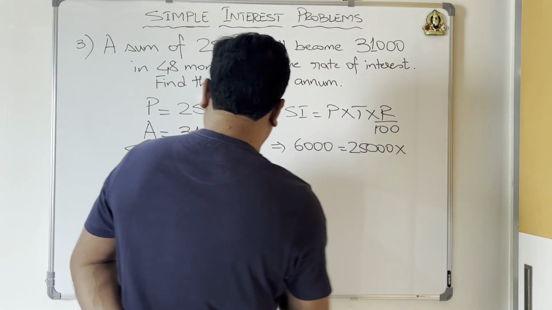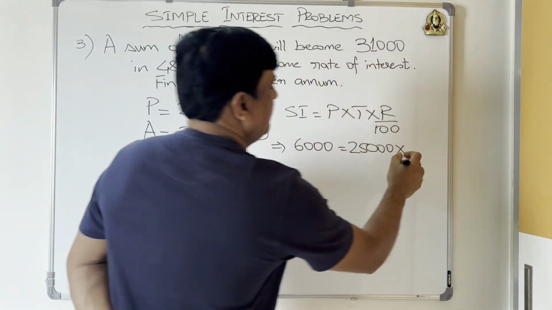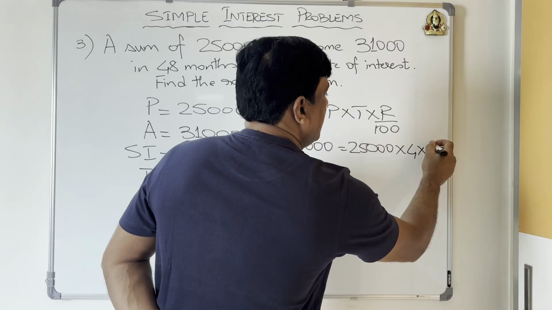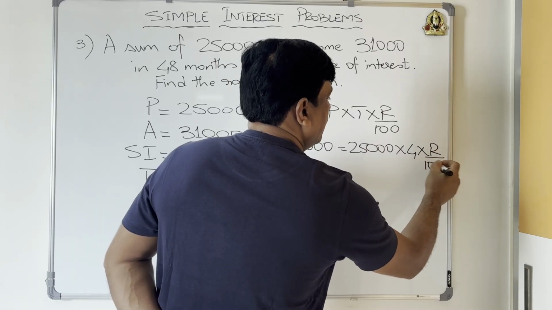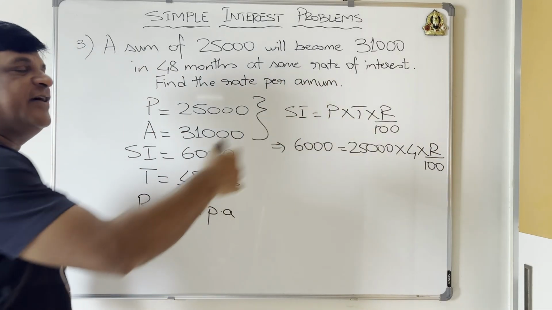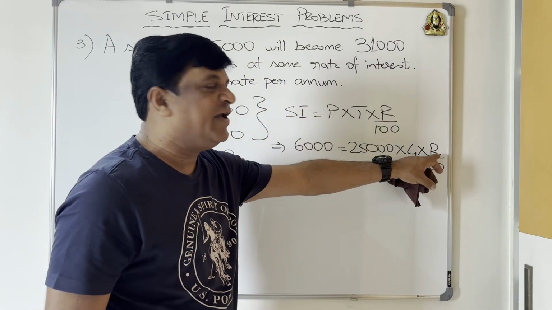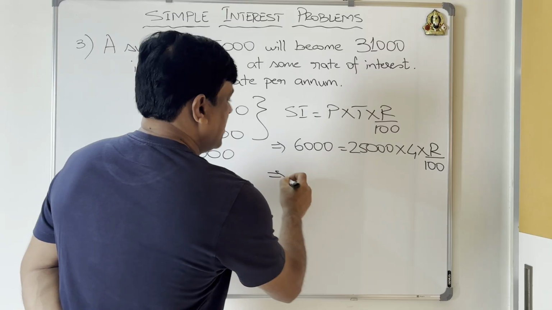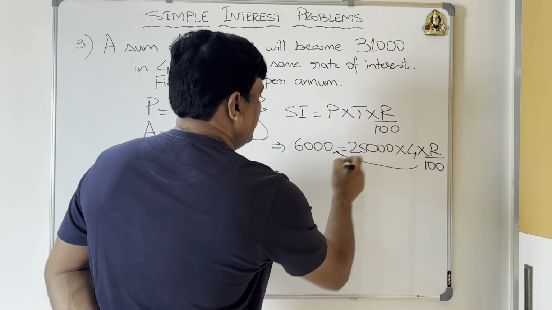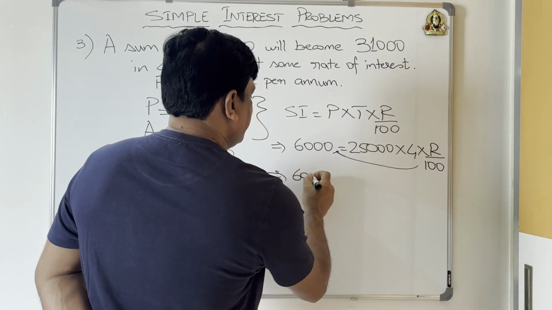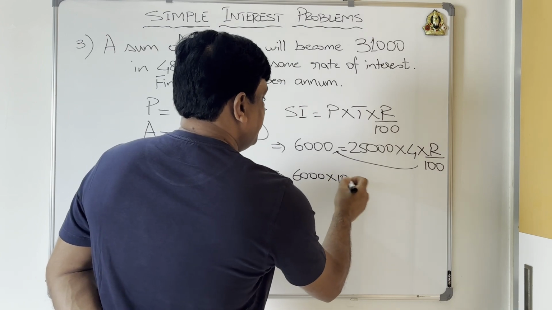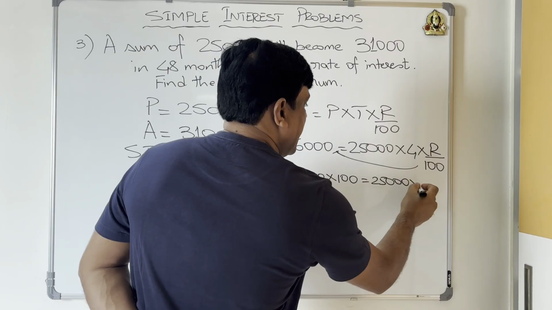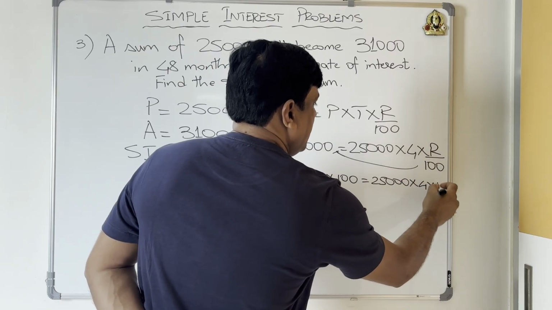Your time is 48 by 12, which is 4 years, and your rate, you need to calculate the rate, so leave it as R over there. Now it's again an algebraic equation in one variable. R, you need to calculate R. So what can I do? I can take this 100 over here. So I'll write it as 6,000 into 100 is equal to 25,000 into 4 into R.